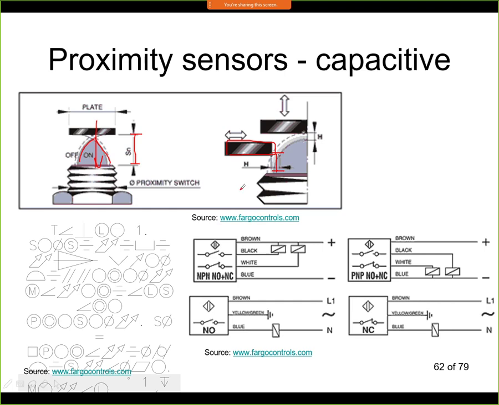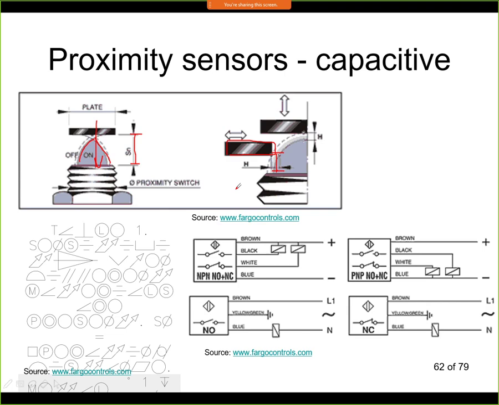The distance depends also on the material, and this sensor detects the best conductive materials. So if we have iron, if we have aluminum, if we have copper, then this gets detected the best.